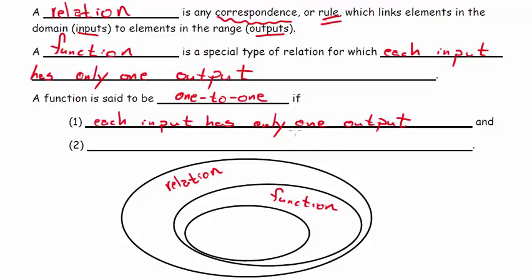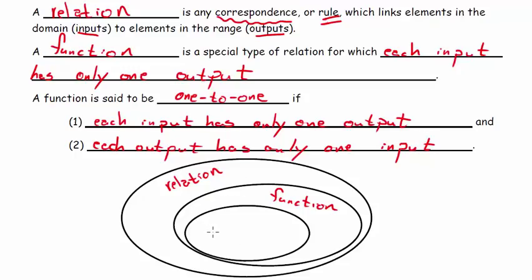Alright, we've already said that. In order to be over here, each input has only one output, but then also each output has only one input.